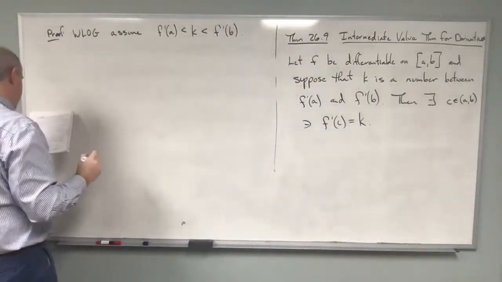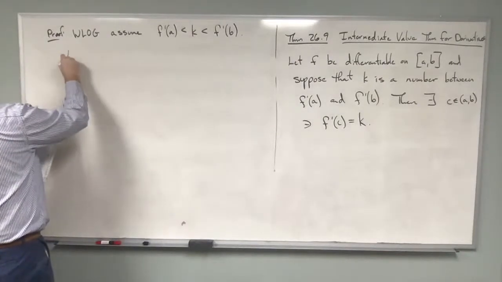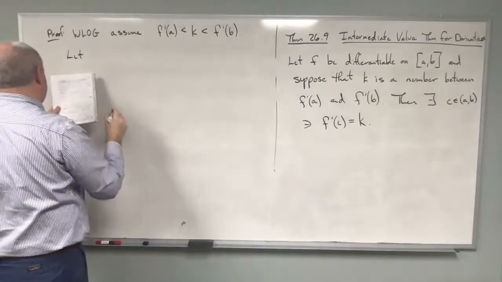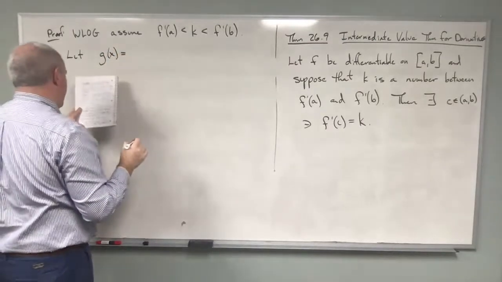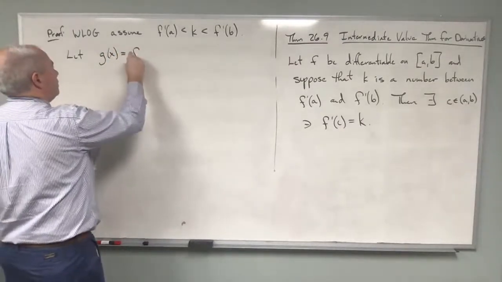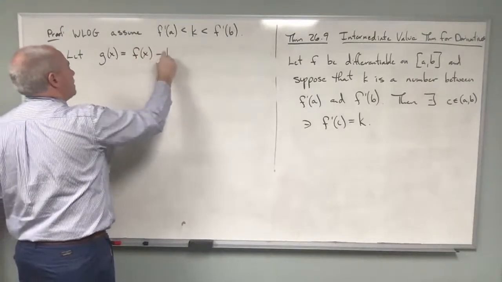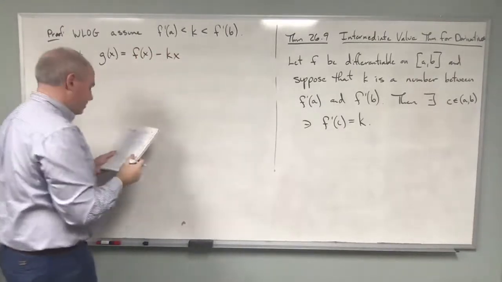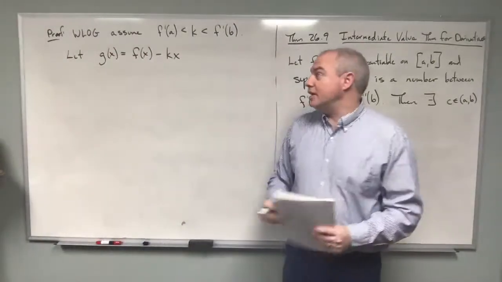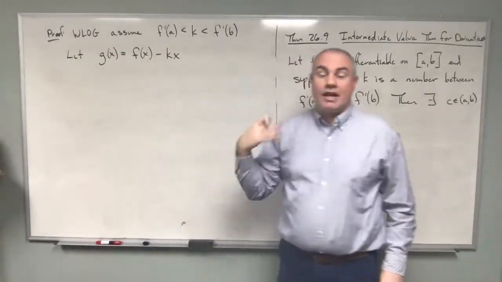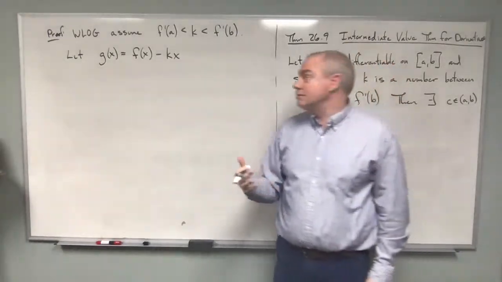All right, so now we're going to define a new function. We're going to let g of x be equal to f of x minus K times x. Now, certainly we know that f of x is a nice differentiable function.